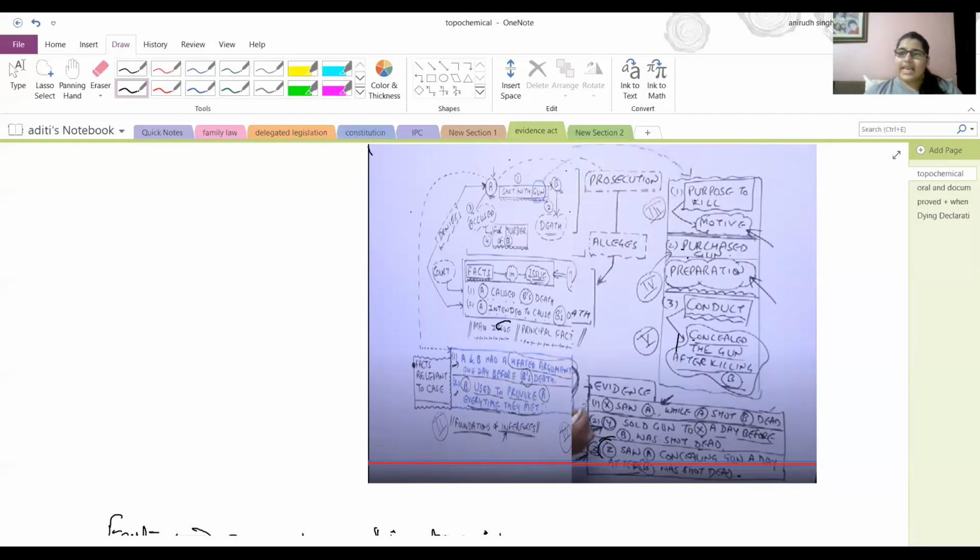Now, these cannot be considered settled facts, and there is a reason behind that. If the prosecution is saying that A has murdered B or A had the intention to murder B, this is a fact for the prosecution. This is my mental condition, or this is my understanding.